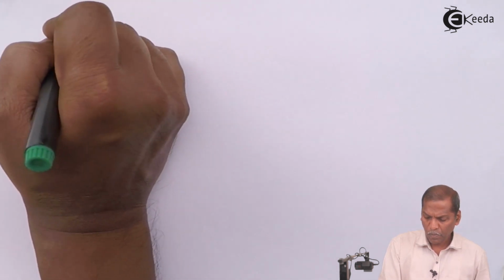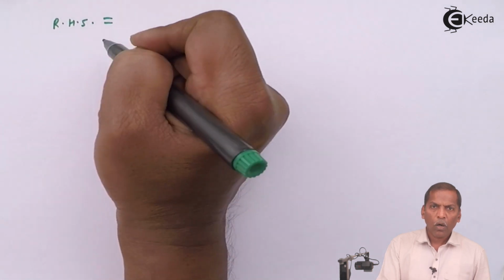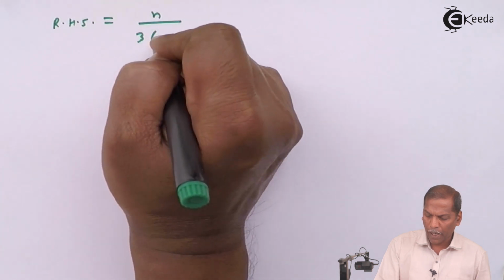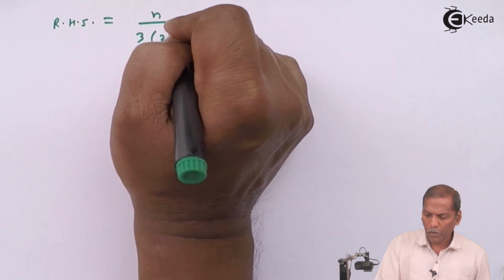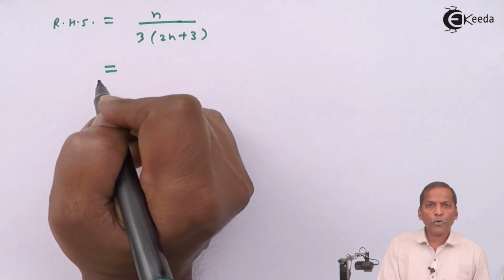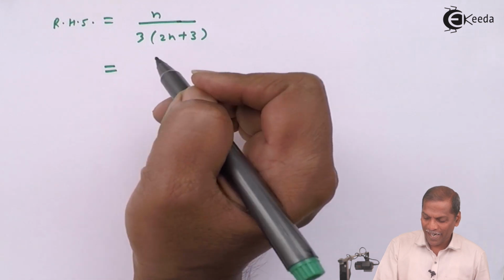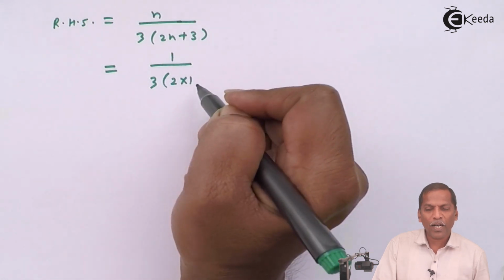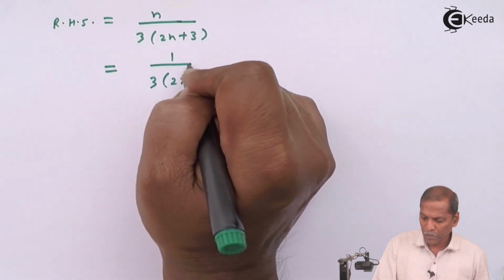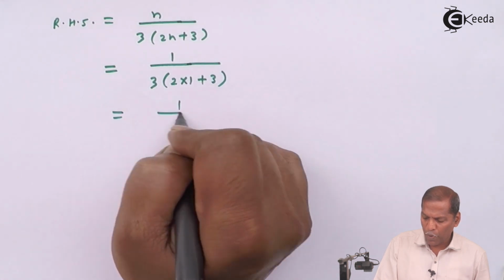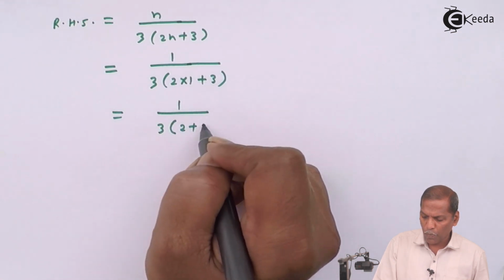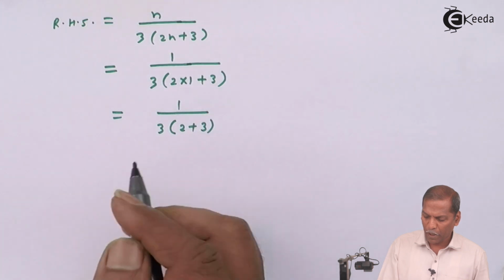Now consider RHS. Right hand side is equal to n upon 3 bracket 2n plus 3. Here we put n equal to 1. So we get 1 upon 3 bracket 2 into 1 plus 3, that is equal to 1 upon 3 in bracket, 2 into 1 gives 2 plus 3, and finally bracket complete.